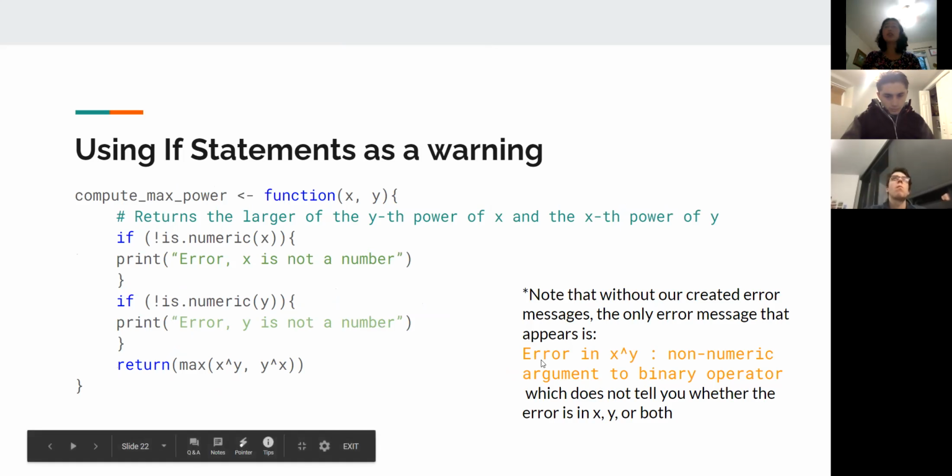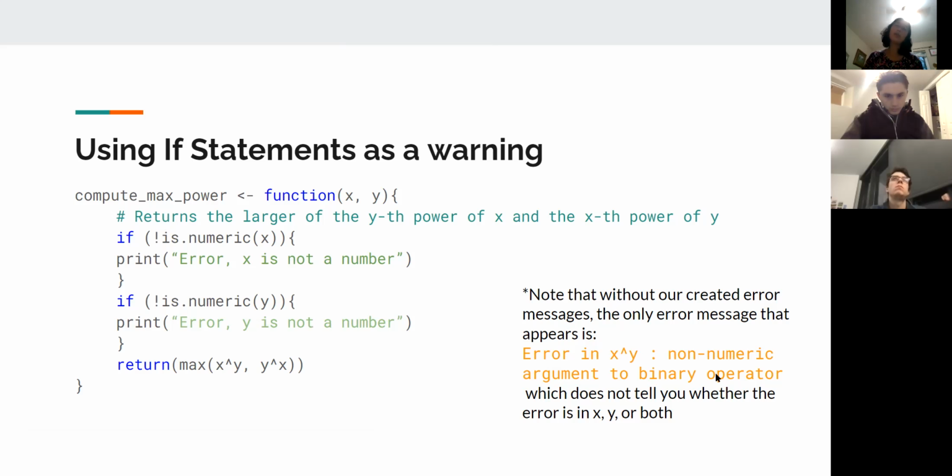Actually, even with the error message that you create, you'll get this error about a non-numeric argument to a binary operator, but it wouldn't tell you which one it is. So that can be a benefit here, if you have a function with a lot of inputs, and you want to make sure that your function is not going to break randomly and give some weird error that may or may not be easily understandable. Here the error is easy to understand because it's a very simple function. But in other cases, it might not be.